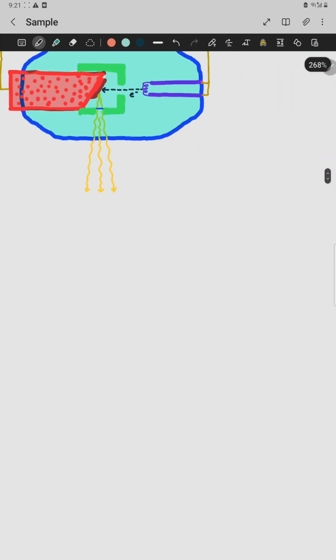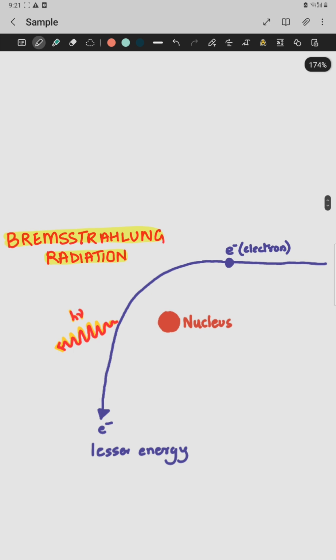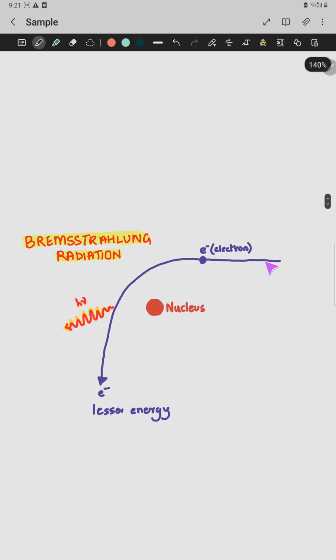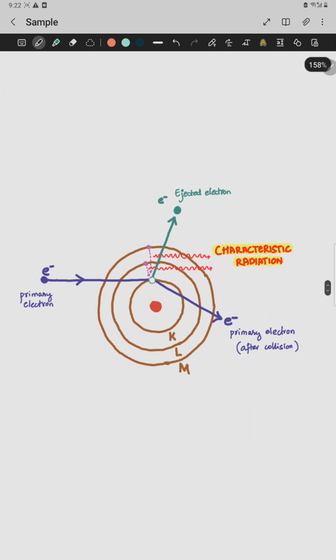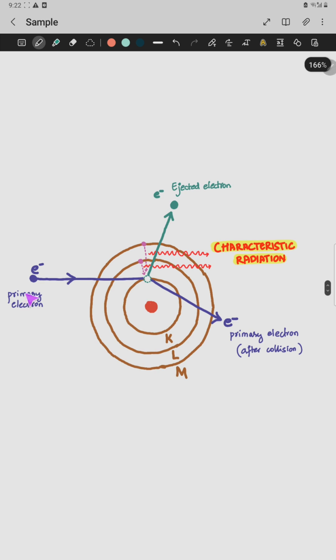And the same information in a better diagram. The electron is going near the nucleus and it's losing its energy, and the electron with a lesser energy is being produced. This is called Bremsstrahlung radiation. Now, what is characteristic radiation? As I just said, a primary electron hits the inner orbit electron, and this electron is being ejected, and the primary electron with lesser energy after collision is being released. Now this void is being created.